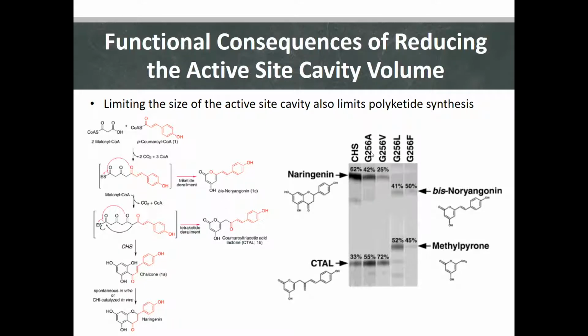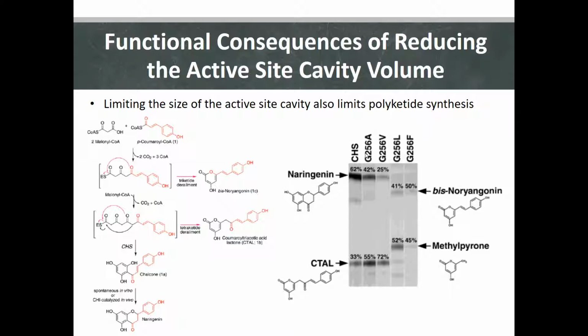Now, when you introduce that alanine, remember the alanine here at position 256 decreases the cavity volume ever so slightly, but you'll see a decrease in naringenin formation going from 62% to 42%. So here we see a drop in naringenin amount. Most of the difference has gone to form more CTAL.